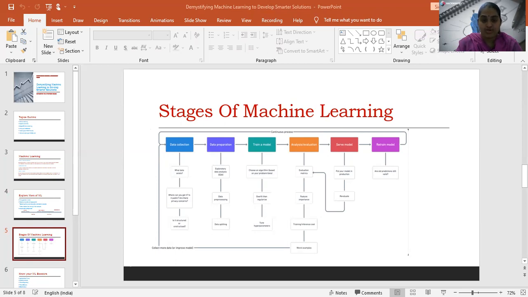For supervised algorithms, we have various algorithms like linear regression, logistic regression, k-nearest neighbor, decision tree, random forest, AdaBoost, and so on. For unsupervised learning, we have clustering, dimensionality reduction, principal component analysis, and anomaly detection.